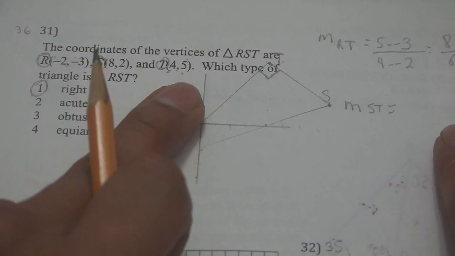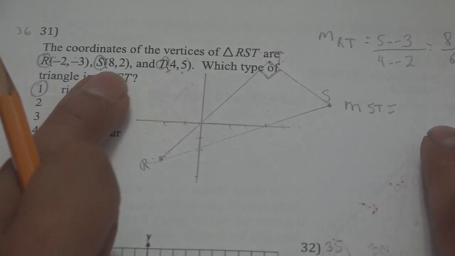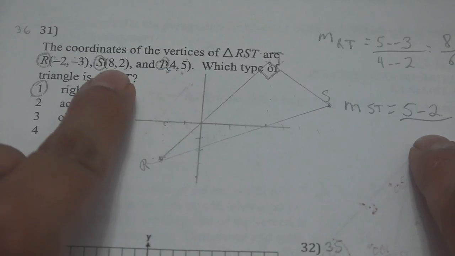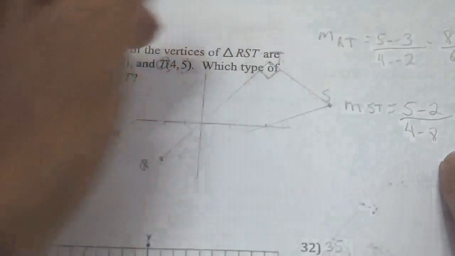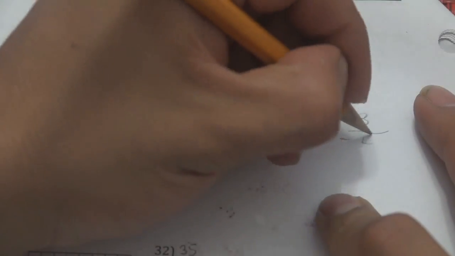So y2 minus y1 is 5 minus 2 over 4 minus 8. So 5 minus 2 is 3, and 4 minus 8 is negative 4.